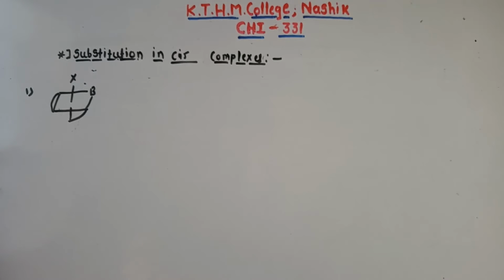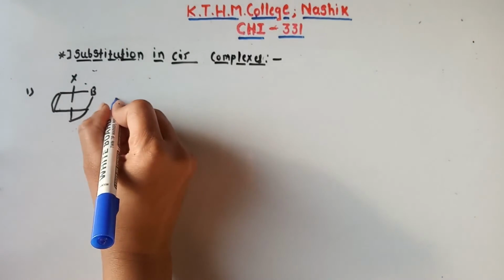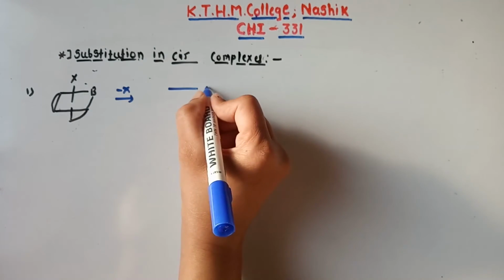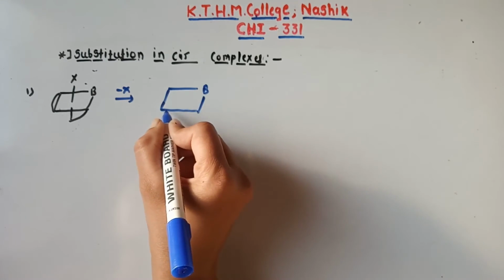Substitution in cis complex can proceed by the same three intermediates as it was in trans complexes. Means square pyramidal, after that trigonal bipyramidal, and less likely trigonal bipyramidal intermediate. So let's see when X is dissociated from this complex, we get the intermediate.